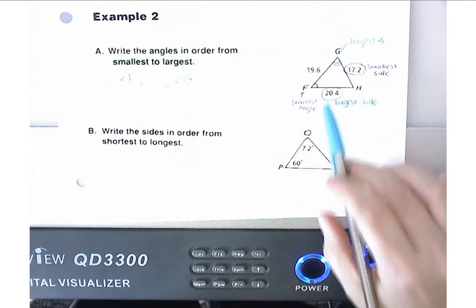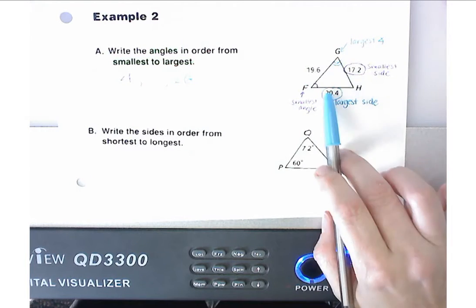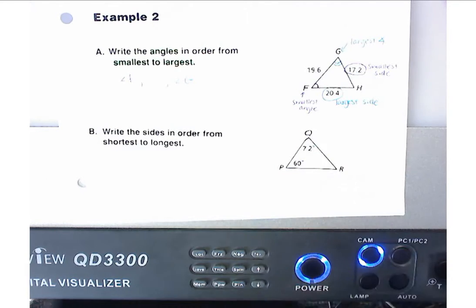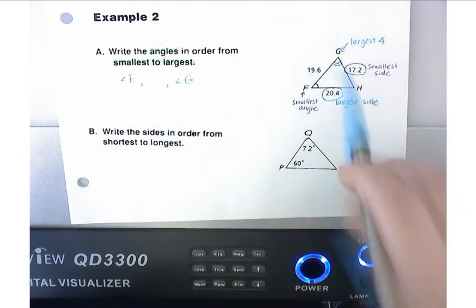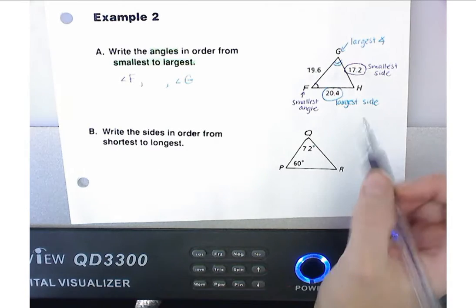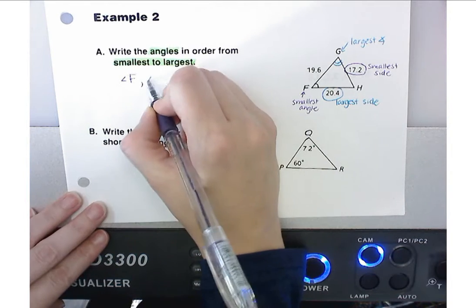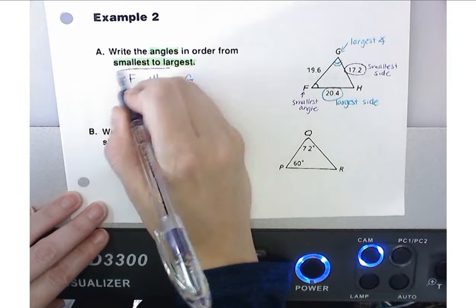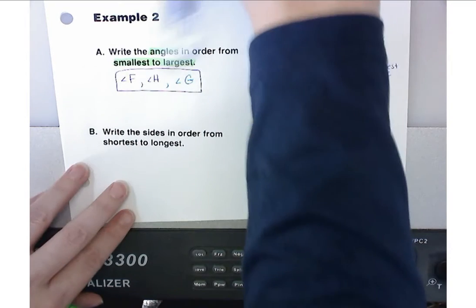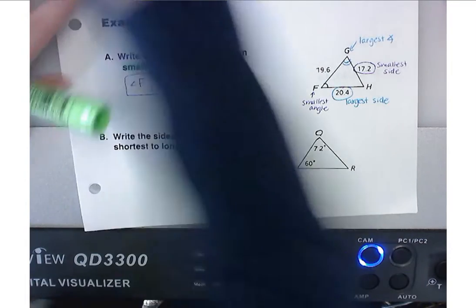Now, you can always tell which one is across from it because it's the only side not touching that angle. And then that leaves, of course, angle H. So angle F, angle H, angle G.